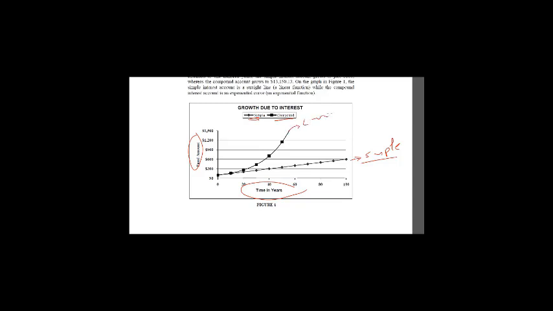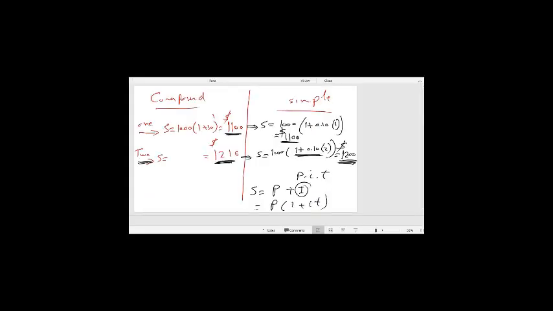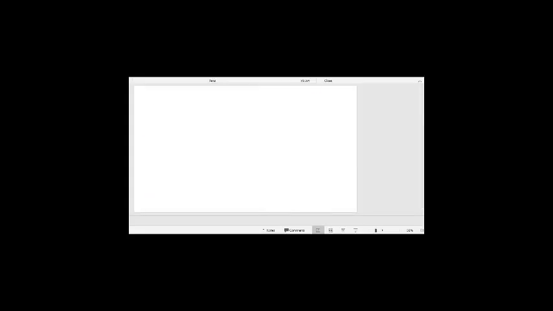Okay, let's write here to distinguish between simple type and compound type of interest. Simple type, if this is time and this is fund amount or S, looks like a straight line function under simple interest type.